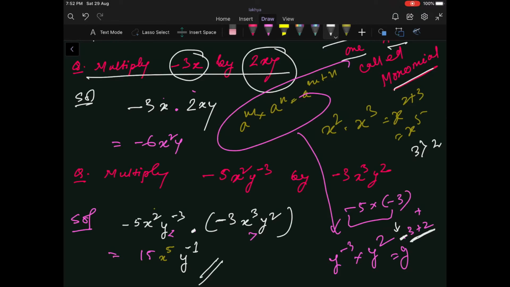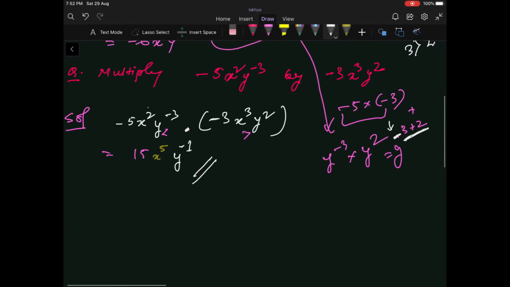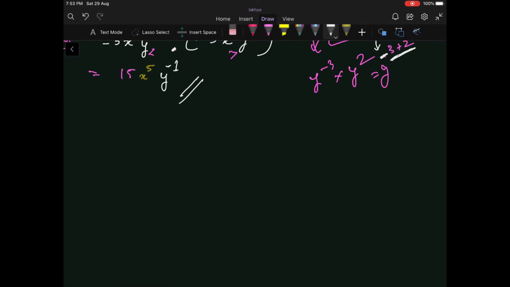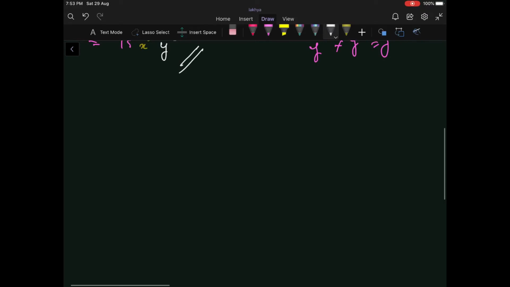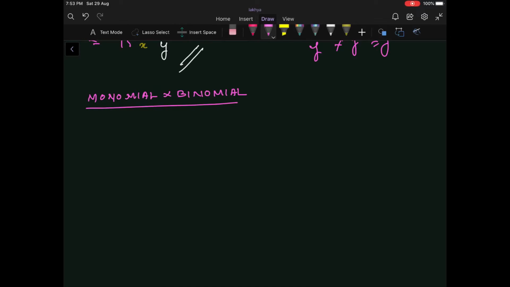Okay, so now let me tell you how to multiply a binomial by a monomial or a monomial by a binomial. Monomial into binomial. Now what is binomial?